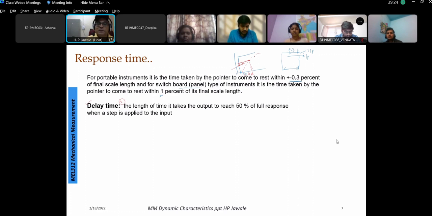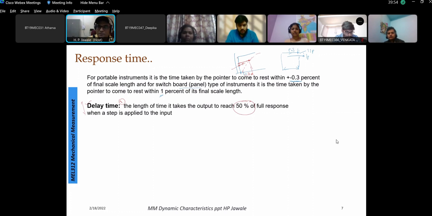So it is the length of time taken to show the output so that 50% of the input is represented on the device, right? This definition is confined to a few kinds of inputs. It may not be applied to all, because if the input does not have a known value, we will not be able to guess how and when it will reach the 50% value.